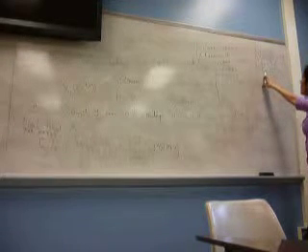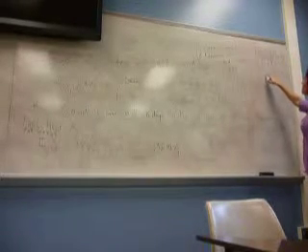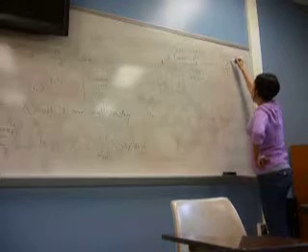Is that right? Yeah, okay. So as x goes from 0 to z minus 1, you're going to integrate y from x to 1. And as x goes from z minus 1 to, what's the point of intersection here?